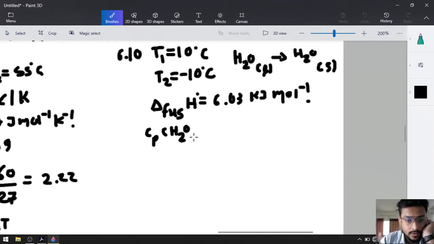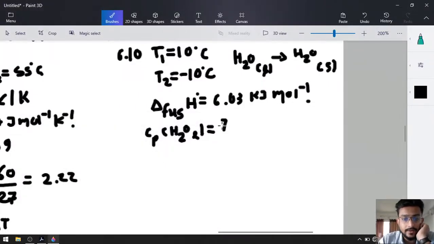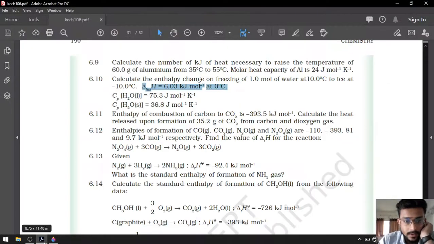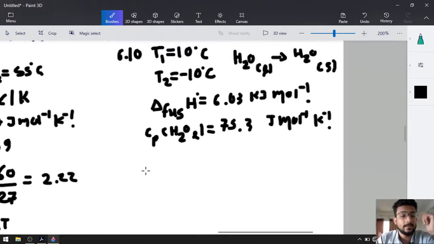After that, Cp for H2O liquid has been given. Cp for H2O liquid is equal to 75.3. Look at the unit, joule mole inverse Kelvin inverse. So it is molar heat capacity.